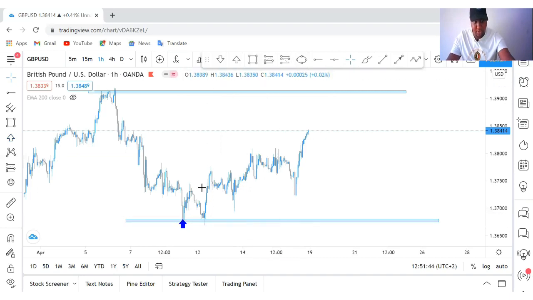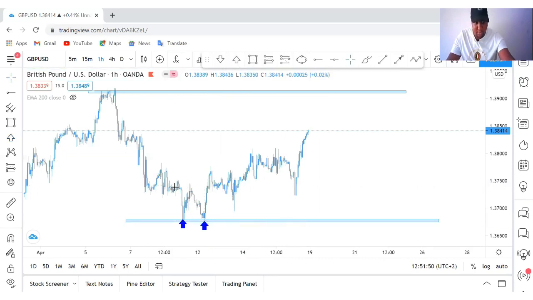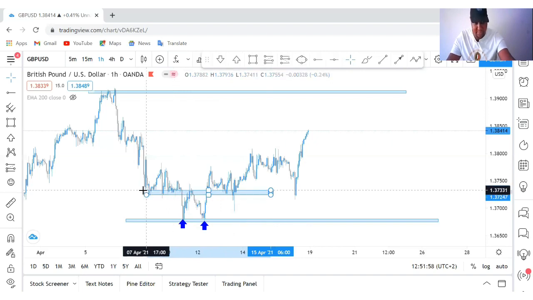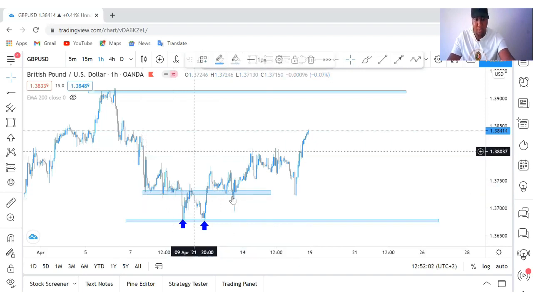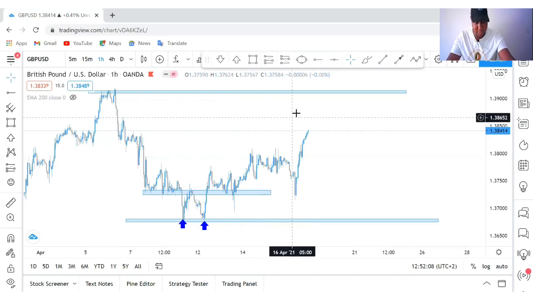I'm just going to highlight it with two arrows right here. Then we can see afterwards that the market gave us that neckline, and the market came back and spiked right into that. We can say the market gave us a bit of weak rejection right here. We had that beautiful hammer, and then the market obviously went all the way.